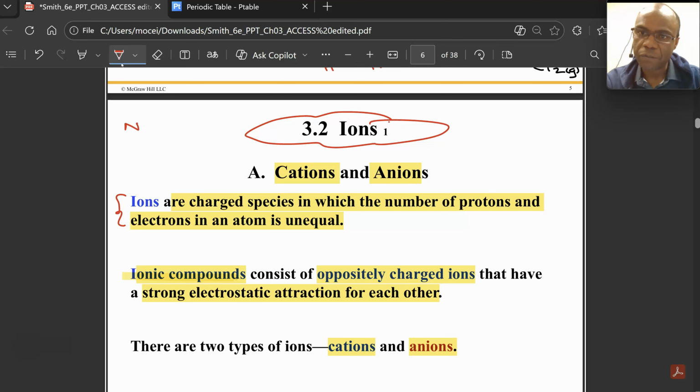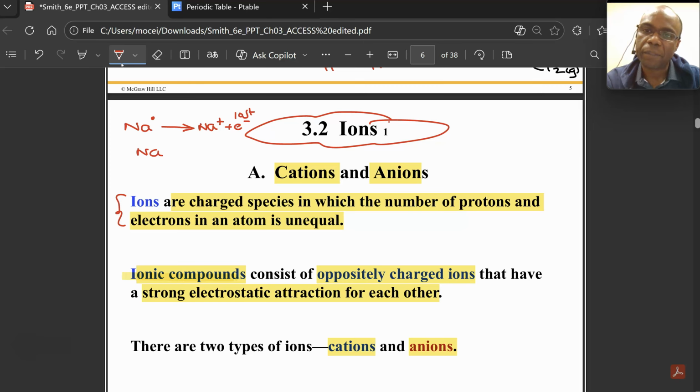Now, if you have sodium with one valence electron, that's why it's in main group 1, it's going to lose that electron. Ionization energy, we talked about it, is the energy required to remove an electron. It will lose it to give you Na+ and the electron that was lost.